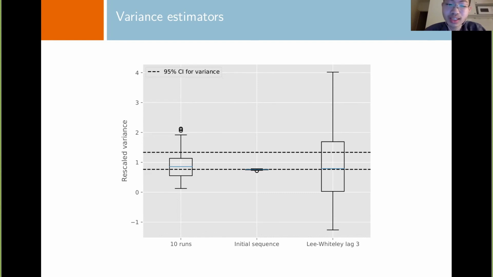The first one is a quite simple method. You run the same algorithm 10 times, and then you just take the empirical variance. The second one is based on the initial sequence estimator for MCMC chains.